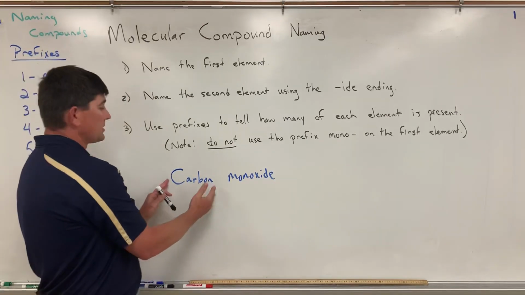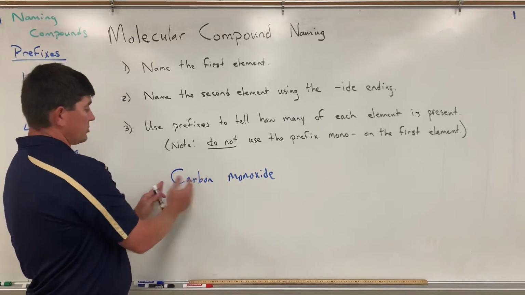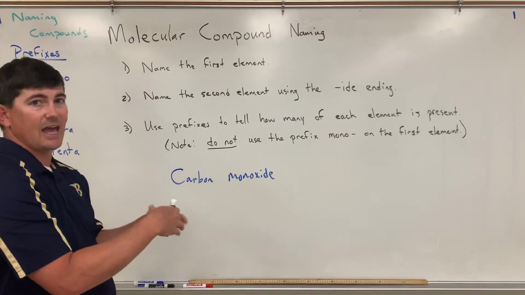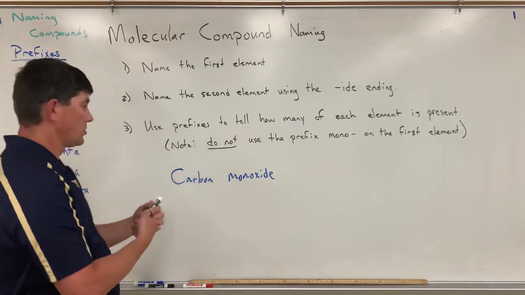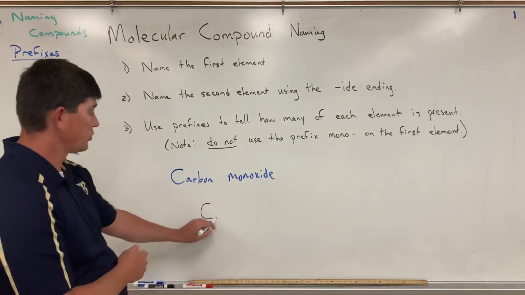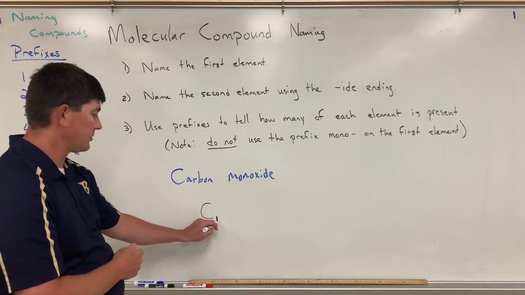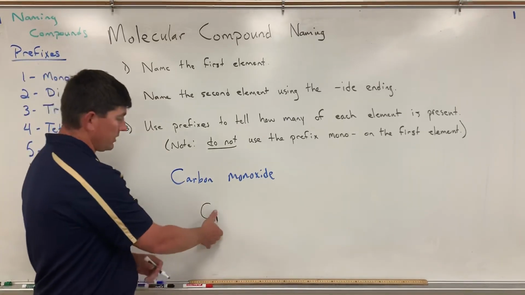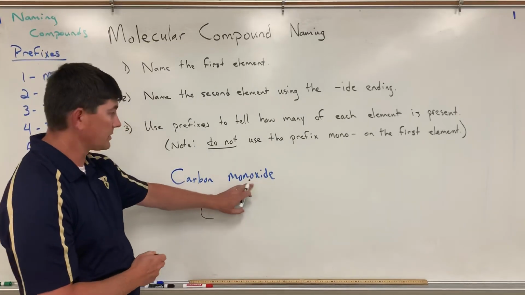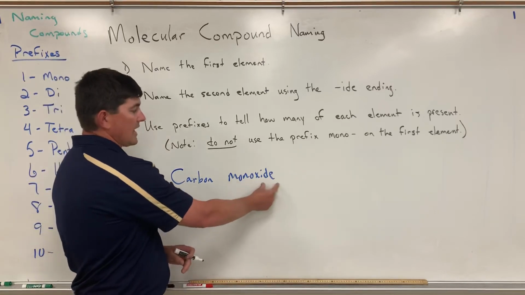So in this case, carbon, there's no prefix on carbon, which automatically tells me that I just have one carbon. So I would just write the symbol for carbon. Carbon is a C, and there's one of them, so I don't have to put that one there, all right? That one is understood. And then I would write the symbol for oxygen. Mono is the prefix, ide is the ending.